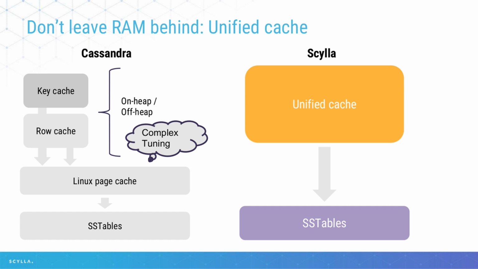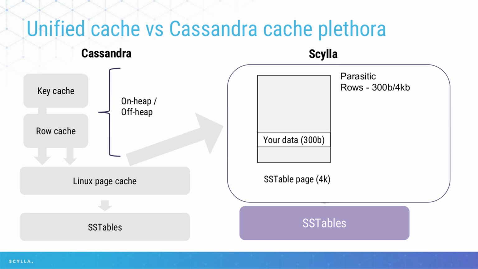And it's, let's say, black magic to tune it correctly for both on-heap and off-heap for both of them. Scylla uses a unified cache, meaning that both the keys as well as the rows are cached in one place. More than that, we have a very efficient way to store that information in the cache. Since an SSTable page is 4 kilobytes, every time you read any data from your SSTables, you have to read a full block.